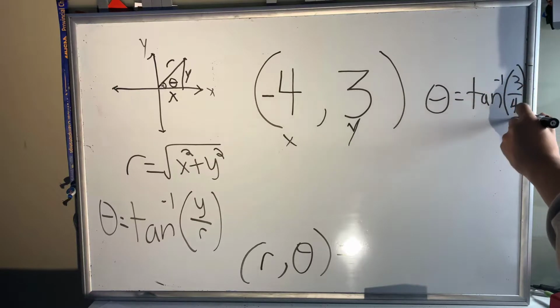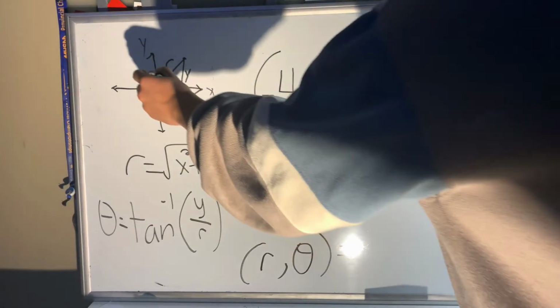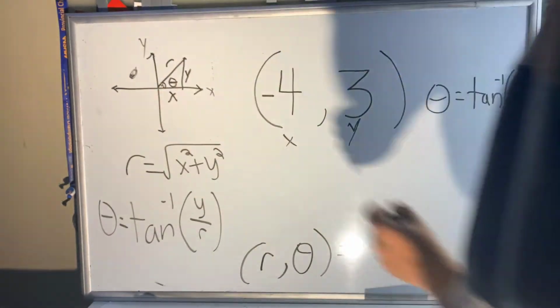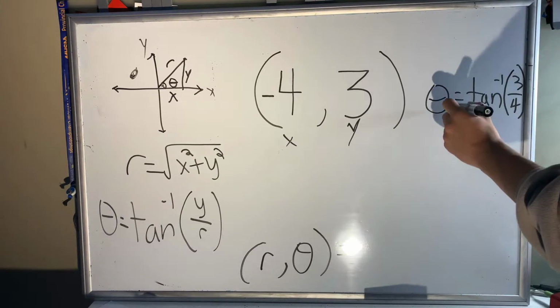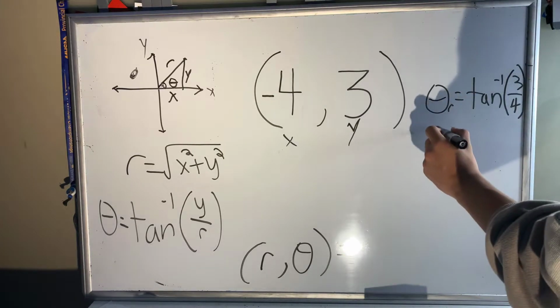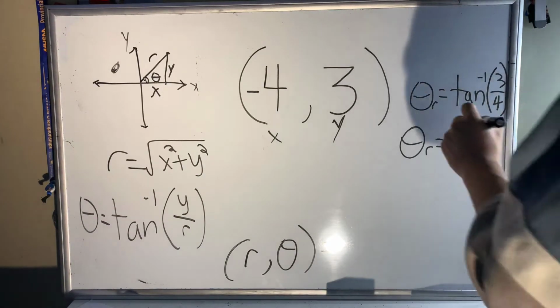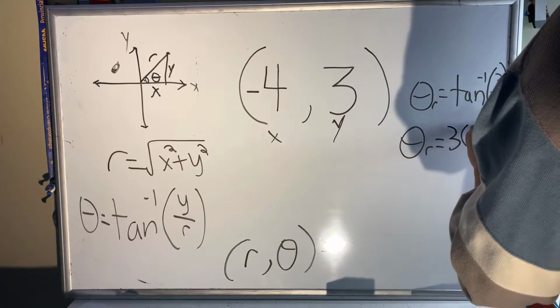Something I want you guys to note is that negative 4 and 3 are in quadrant 2. But for the sake of this, I want to just find the reference angle. Therefore, we don't need to include the negative 4. We just calculate that and we get 36.87 degrees.